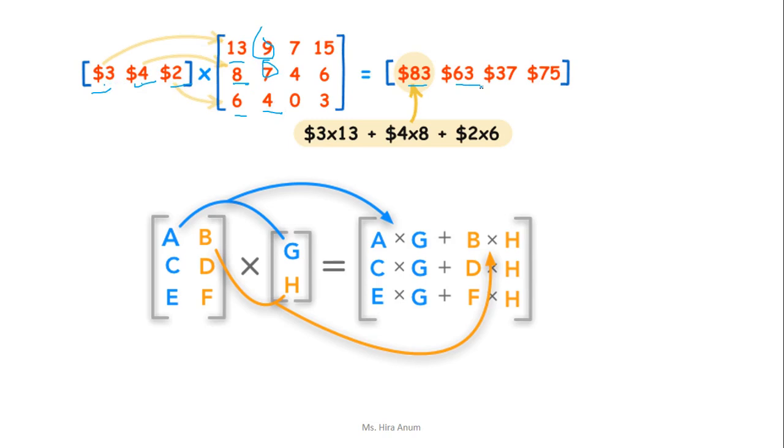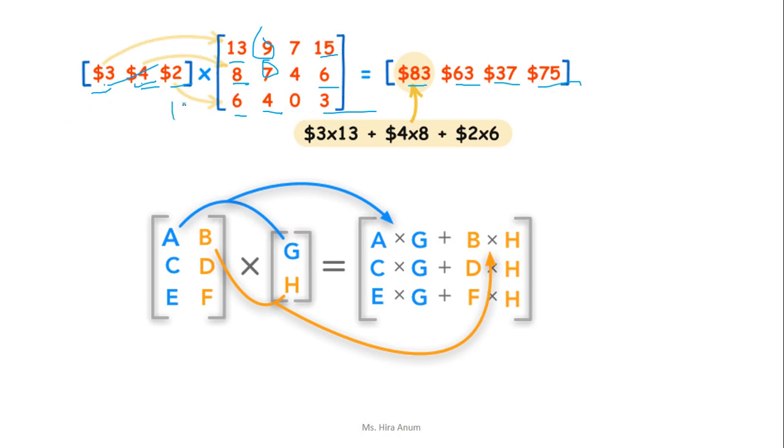Answer will be 63. Similarly, 3 multiply with 7, 4 multiply with 4, 2 multiply with 0. Answer will be 37. 3 multiply with 15, 4 multiply with 6, 2 multiply with 3, which is equal to 75.